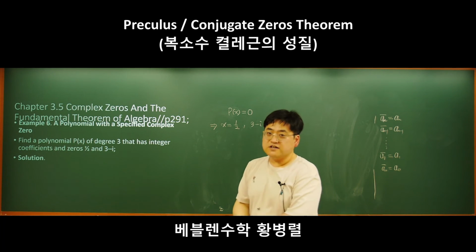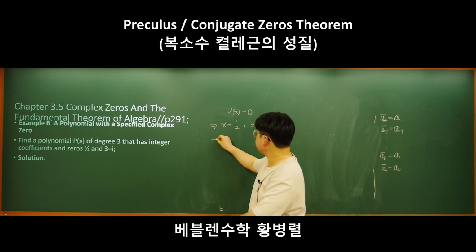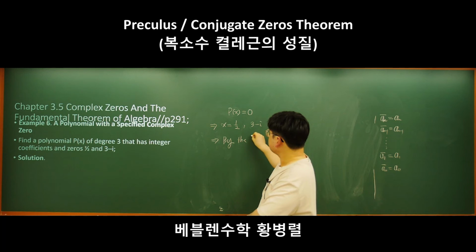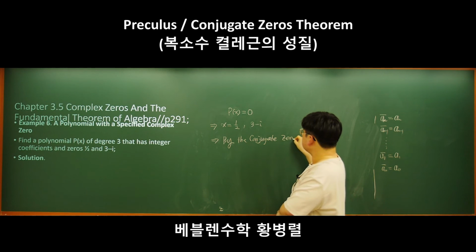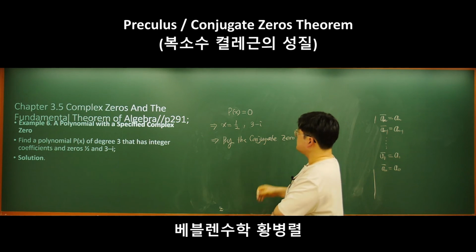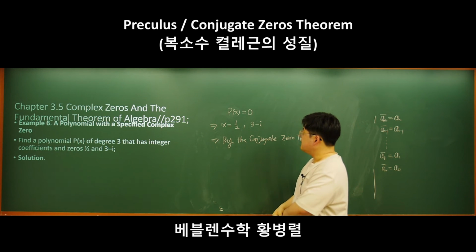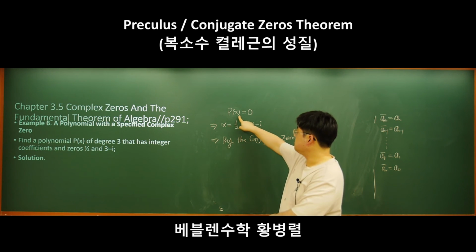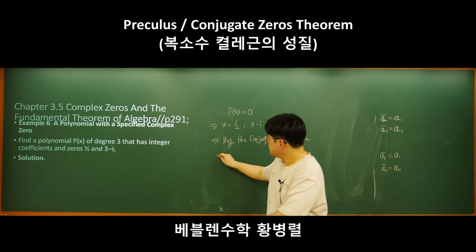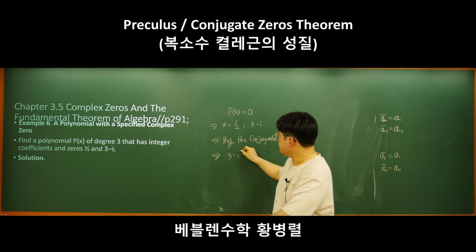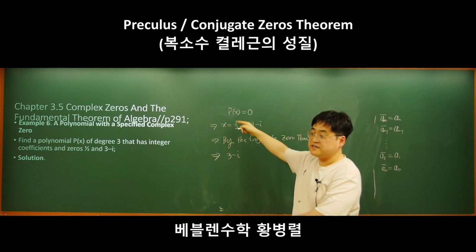Then by the conjugate zero theorem, we can find the last solution of this polynomial, because 3 minus i is a zero of this polynomial.